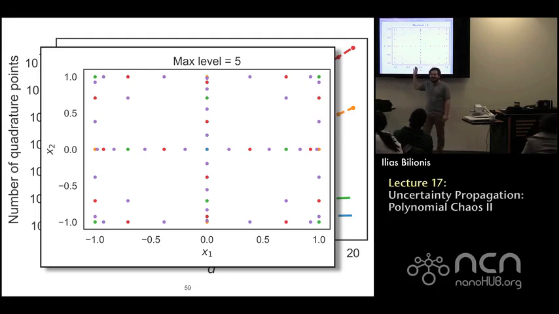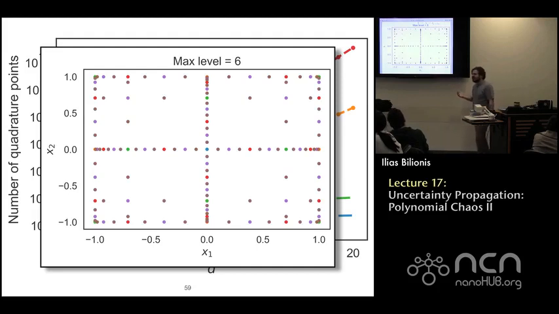So this is one problem, right? What if something happens here? You're gonna have to go to a very high level to see it. Okay? So one way around it is to create adaptive rules. Rules that basically refine only locally. These are very complicated to go over in this class, but they would work as follows.